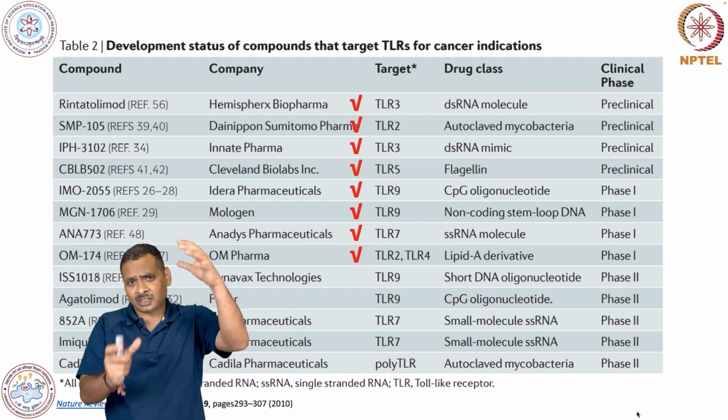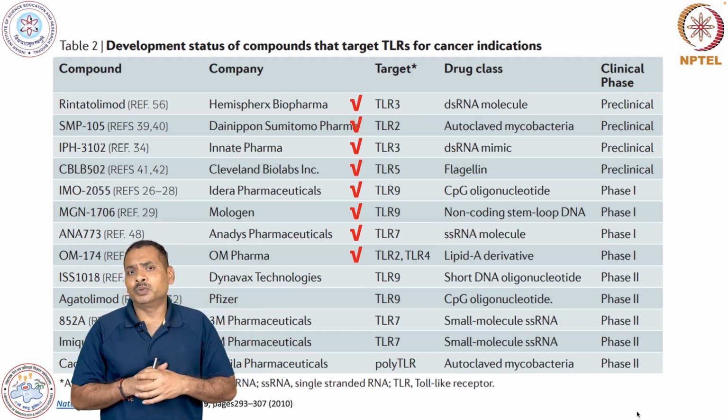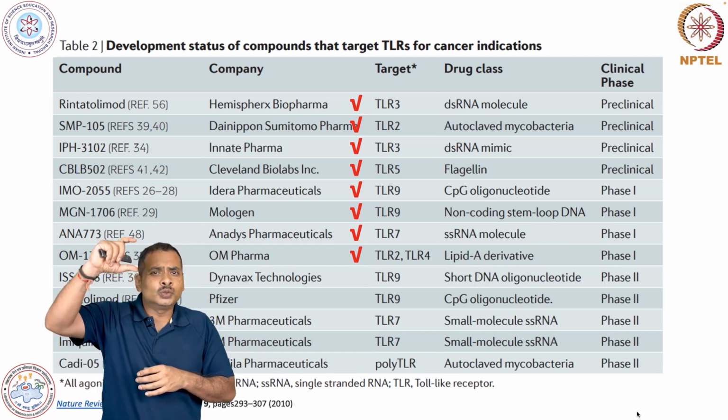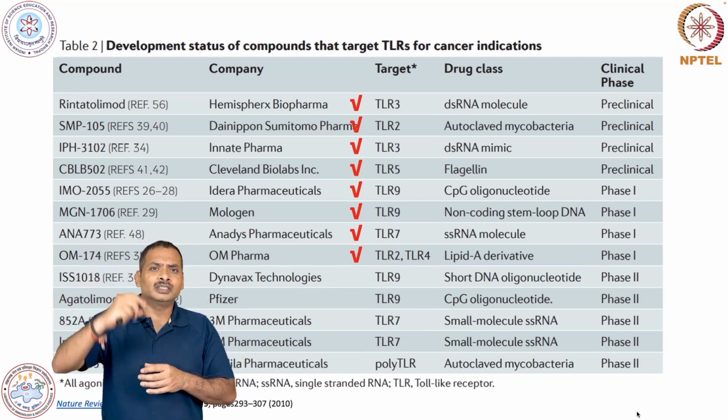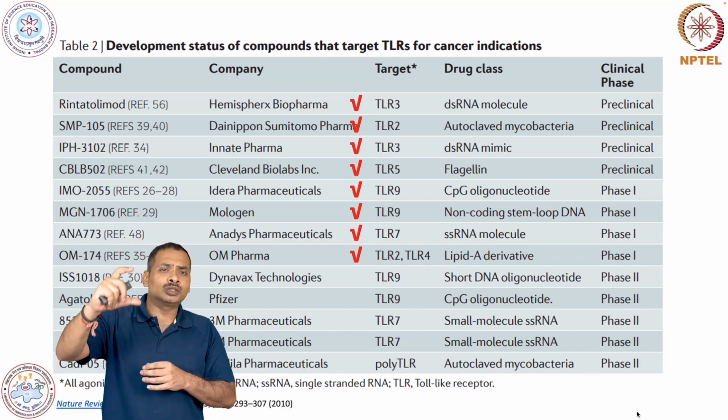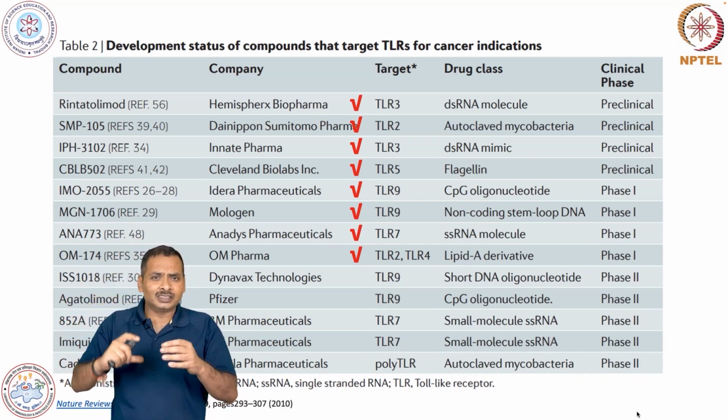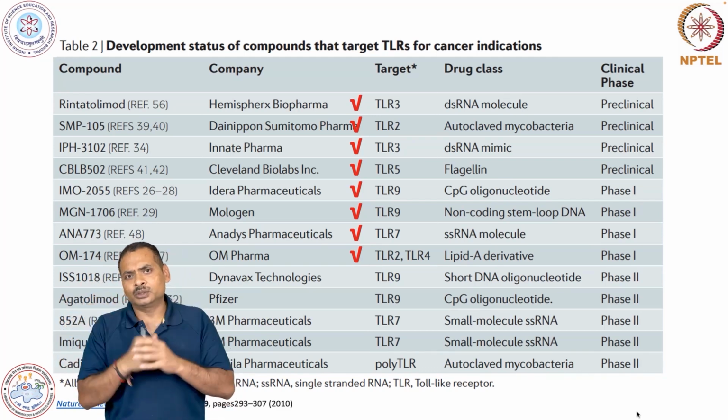If you remember the structure of lipopolysaccharide, okay, you will find that there is some O antigen, there is an outer core and there is an inner core and there is a lipid A which is phosphorylated, okay.